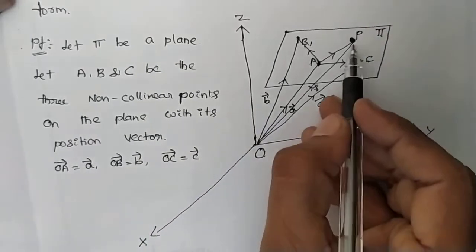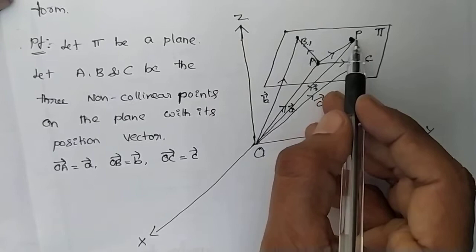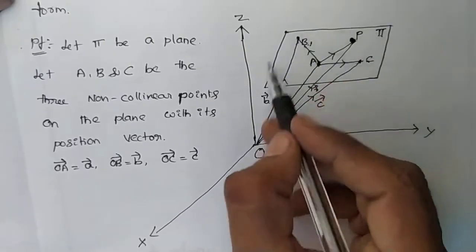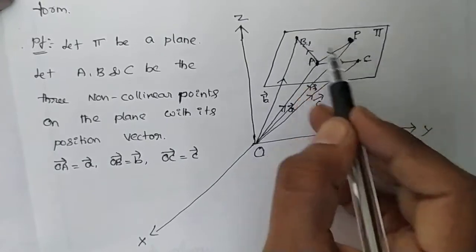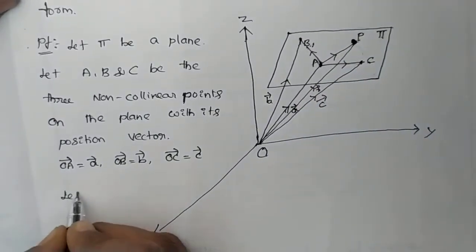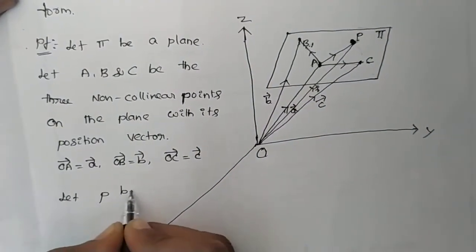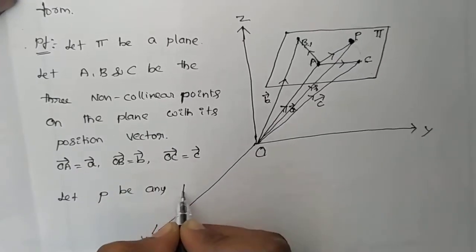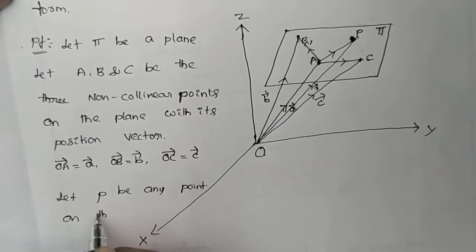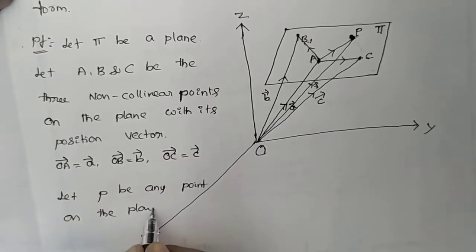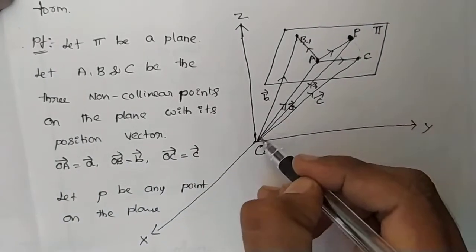Next, one more point we have, that point is P. Let P be any point on the plane. What about its position vector?